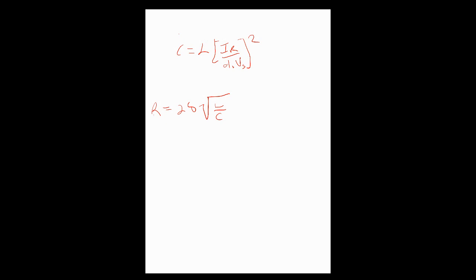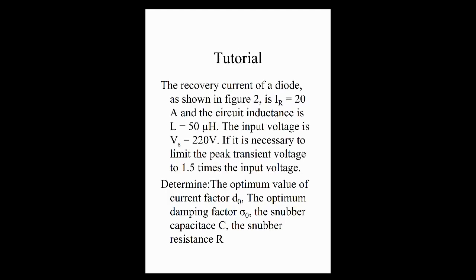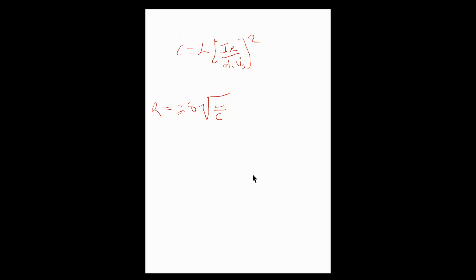All right, so from the question, you're told that the input voltage Vs is 220 volts, and that it is necessary to limit the peak transient voltage to 1.5 times the input voltage.